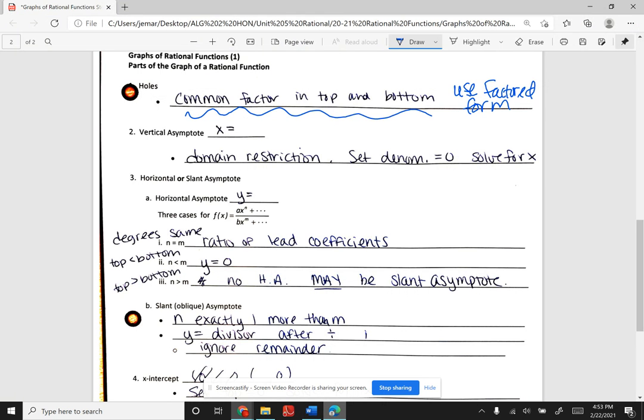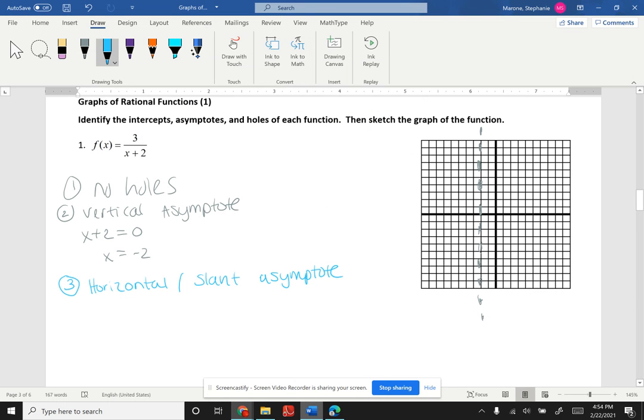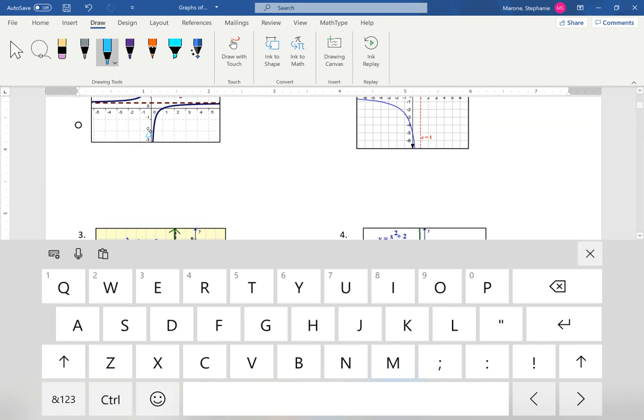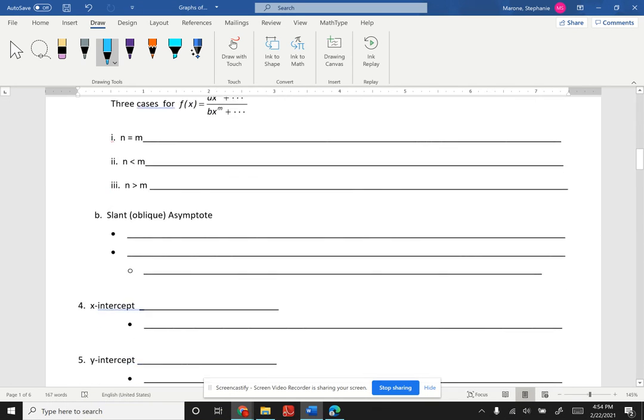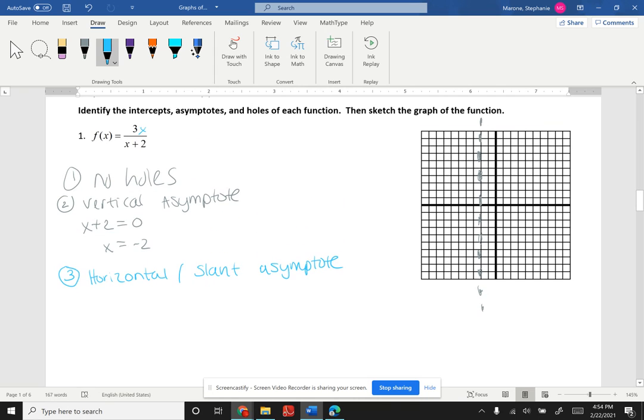For the vertical asymptote, we use the factored form. For the horizontal, we use the unfactored form because we need the highest degree of the top and the highest degree of the bottom. So the degree of the top is 0. The degree of the bottom is 1.